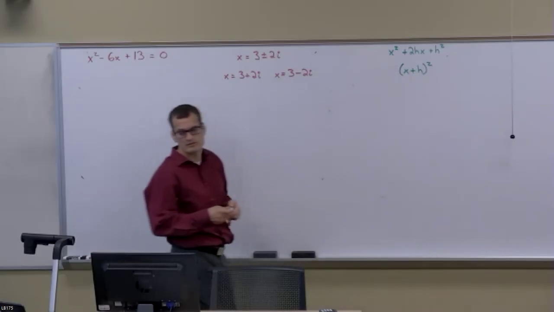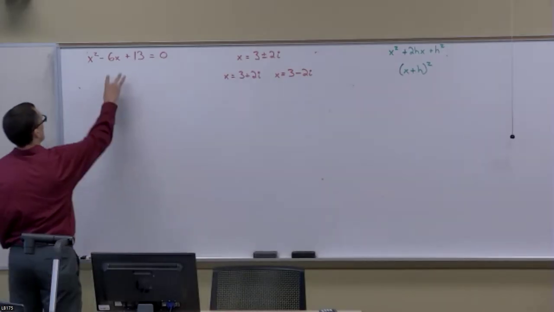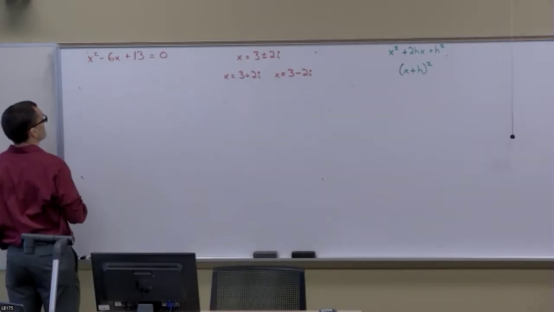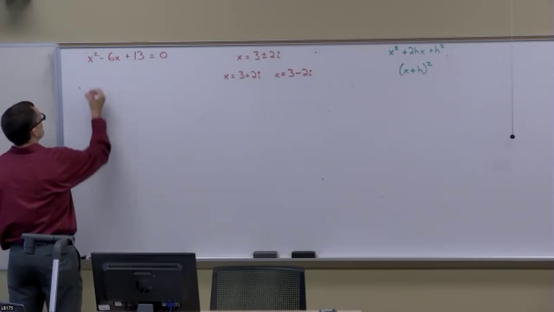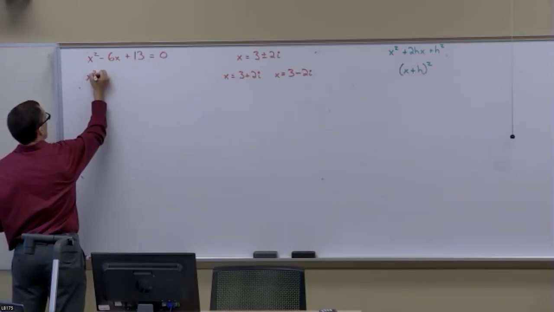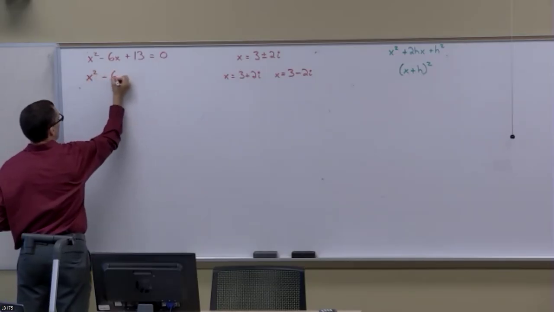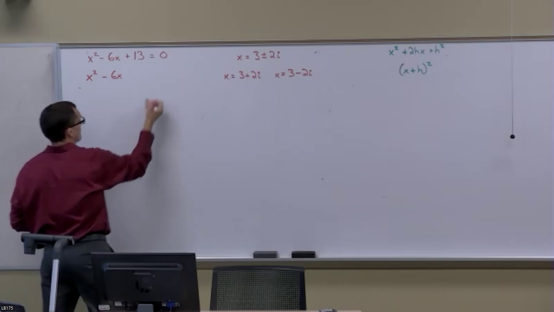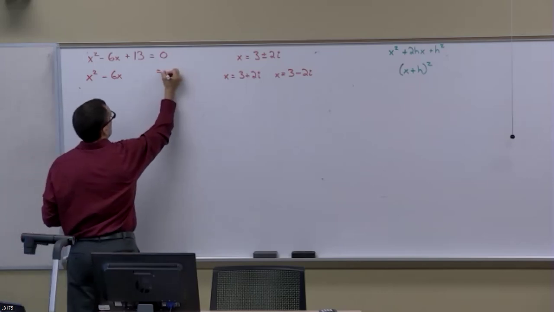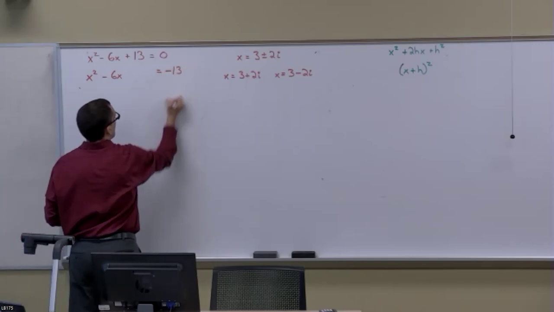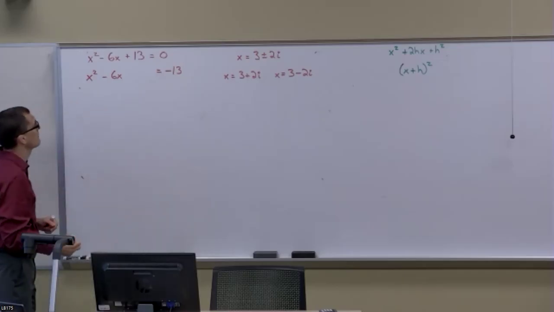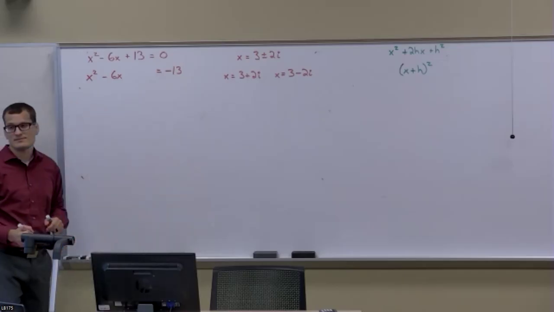That's the whole key for this idea. Now, the x squared term and the x term I'm going to leave alone. But I'm going to subtract 13 from both sides.